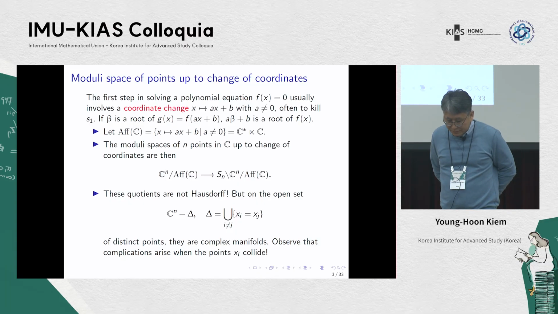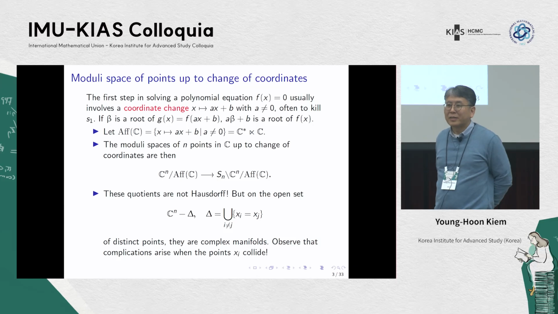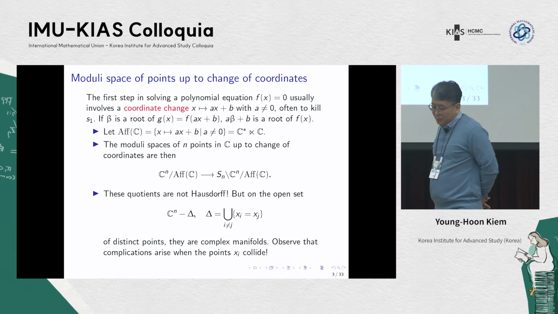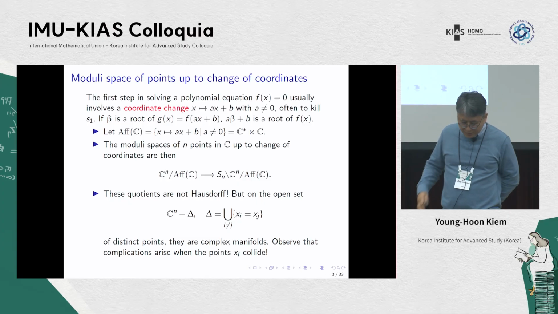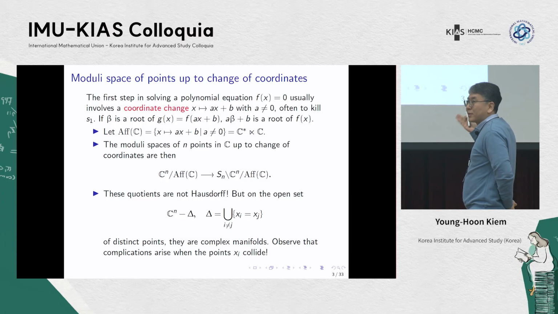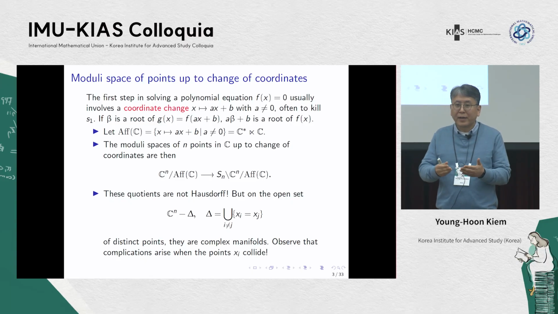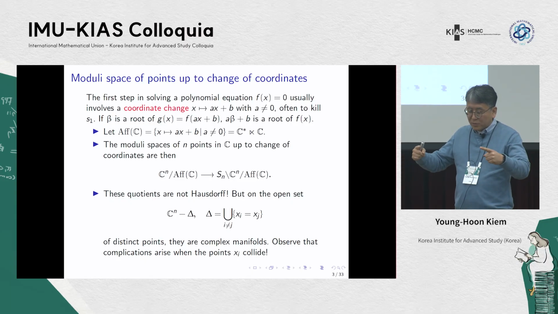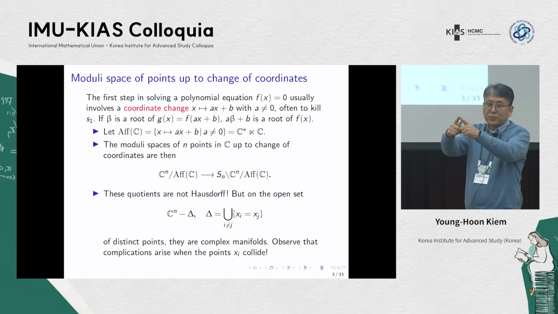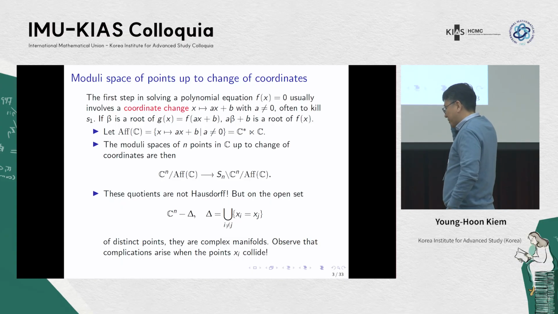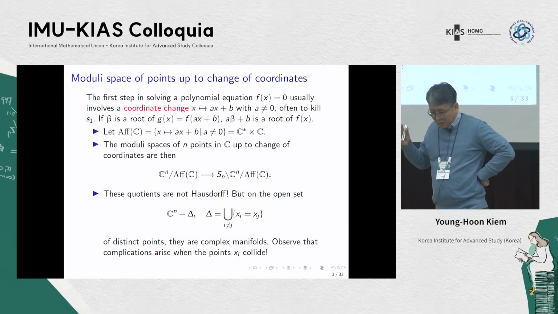But if you think about this for a few seconds, then you realize that these are not very good spaces. You can really easily show that these orbit spaces cannot be Hausdorff, because the affine transformation group is non-compact and two different orbits can get arbitrarily close, and we cannot separate them by open sets. And a lot of troubles arise if your space is not Hausdorff.